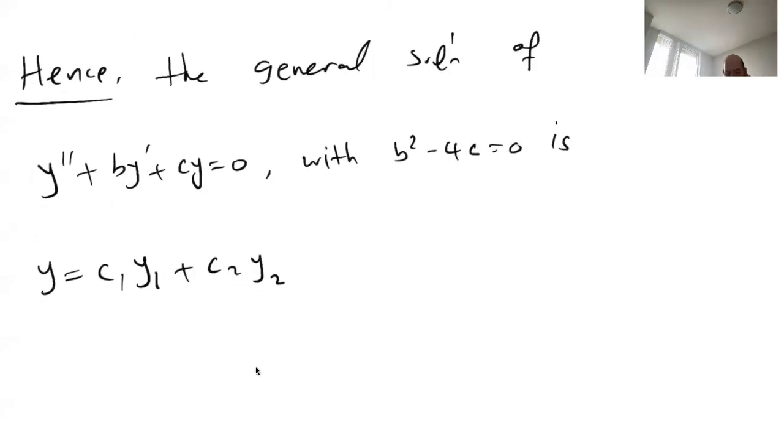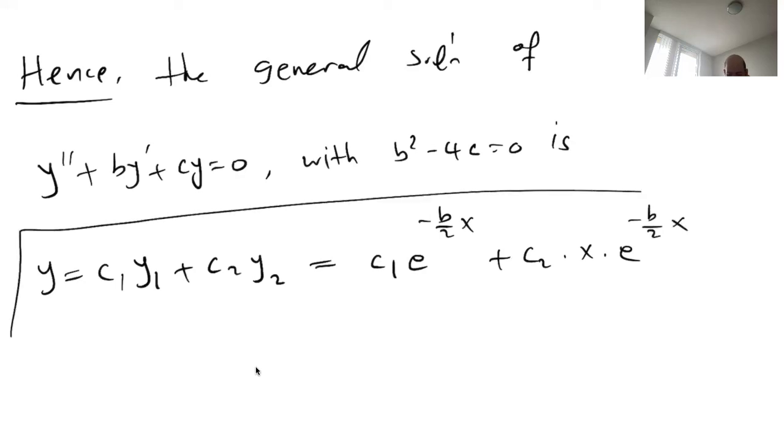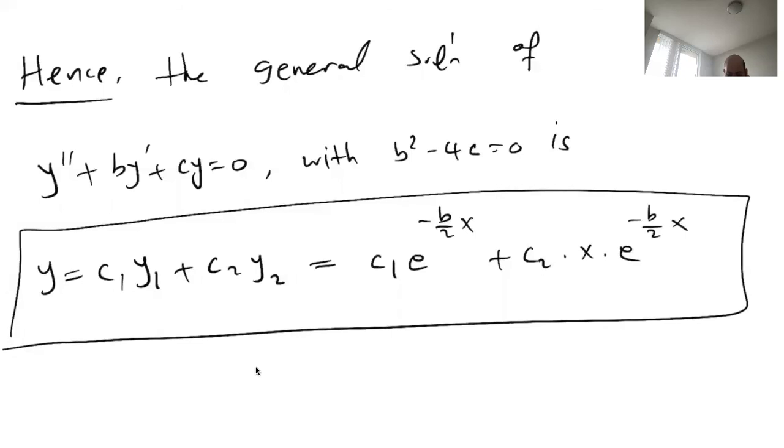So c1 y1 plus c2 y2 can be written as c1 e to power minus b over 2x plus c2 x e to power minus b over 2x.